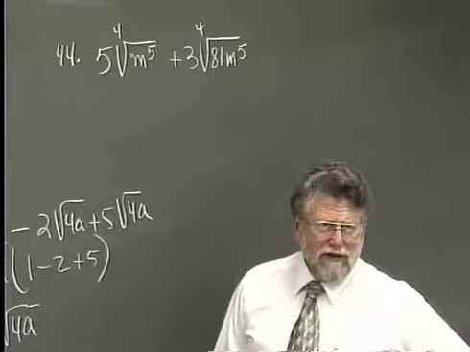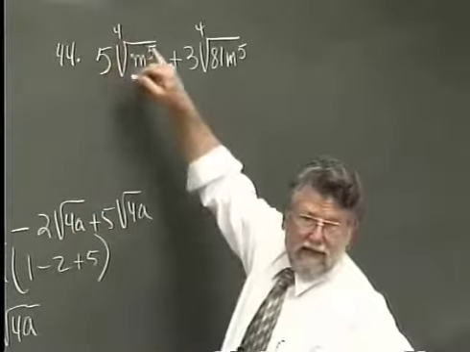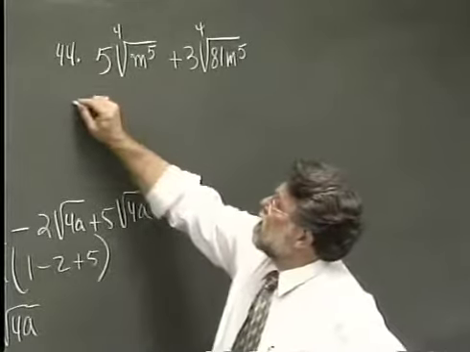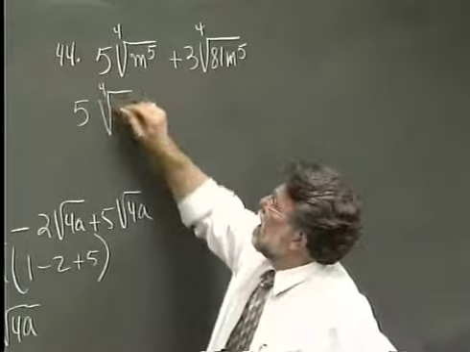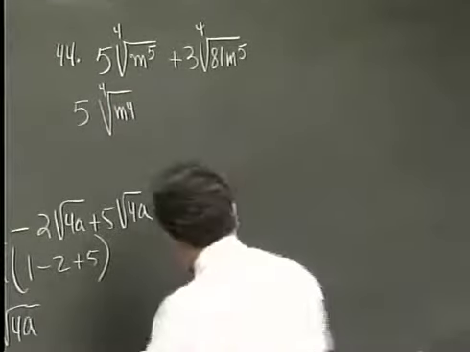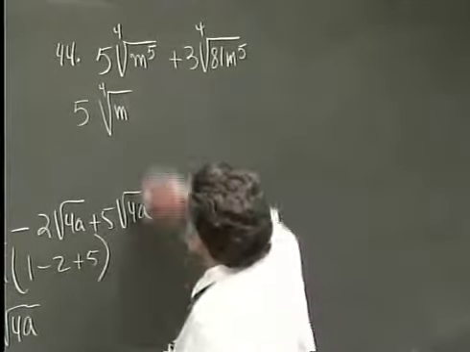We talked about this earlier. Because I have a fourth root, I'd like to see this as something to the 4th. So what I would like to see is 5, the fourth root of m to the 4th. I didn't write that 4, so you can see it as an exponent as clearly as I'd like.